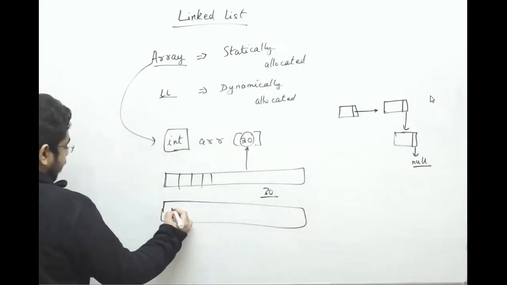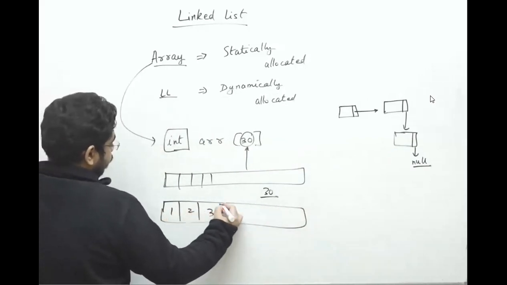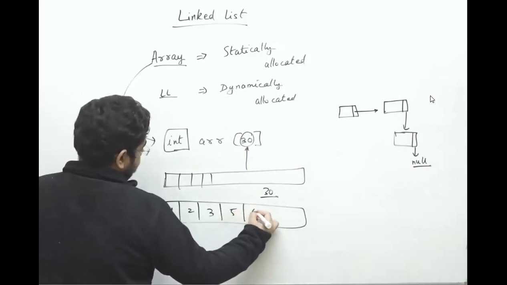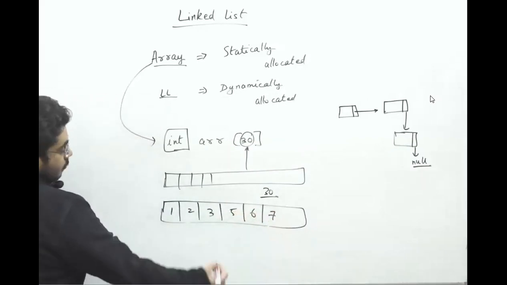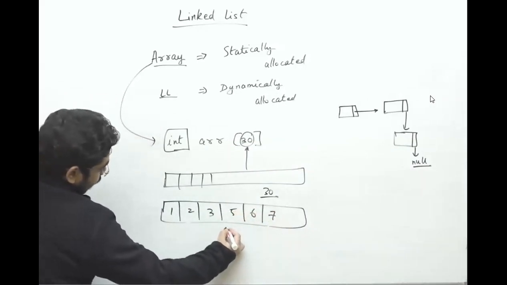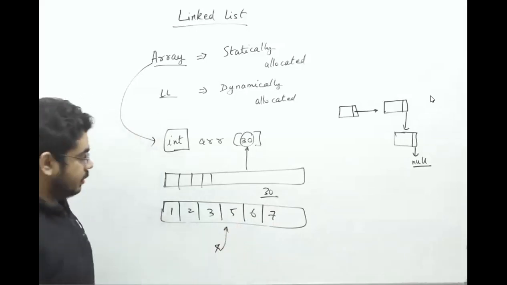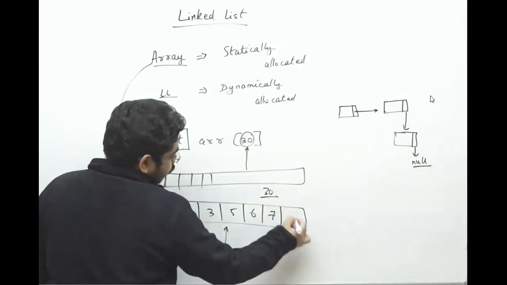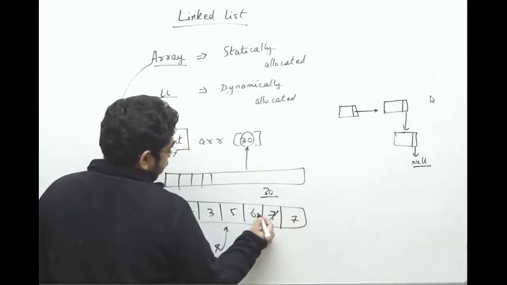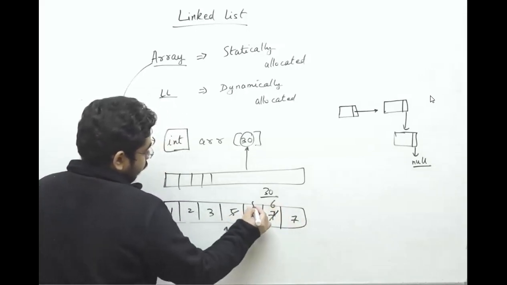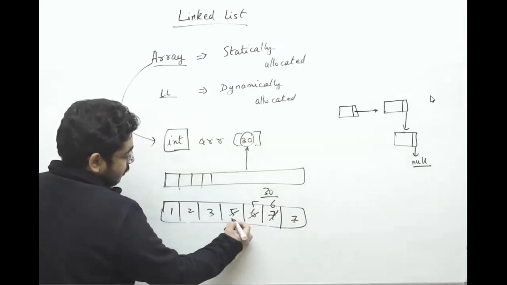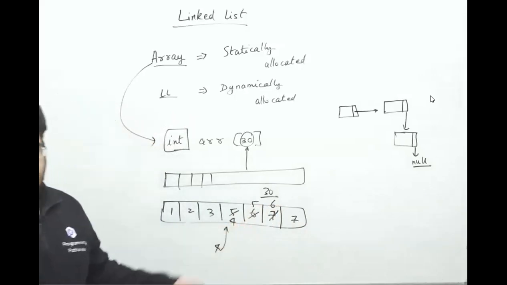Let's say I have in an array 1 2 3 5 6 7. I have a 4 that I want to enter here. How do I do that? I would need to move these elements, right? 7 will go here, 6 will go here, 5 will go here. Then there will be an empty space and I'll put 4 here. Does everyone get this?